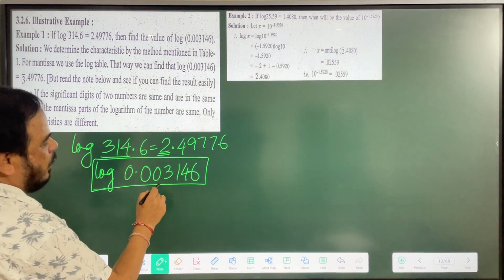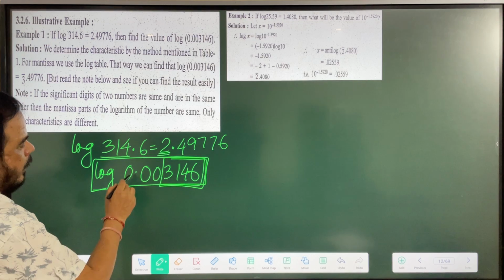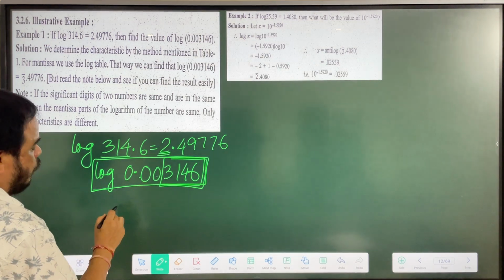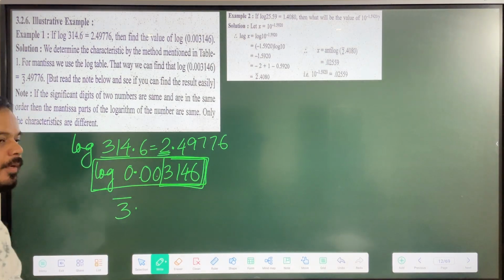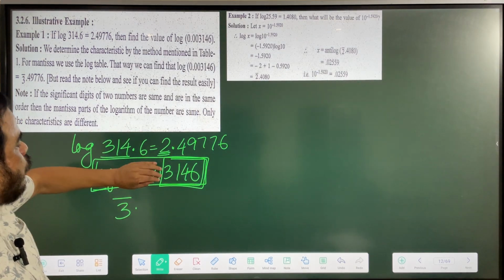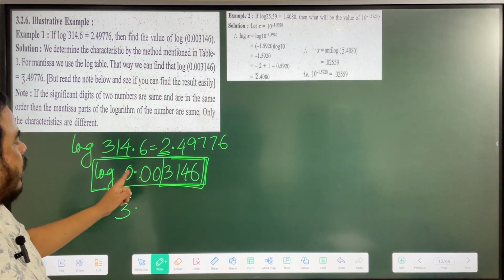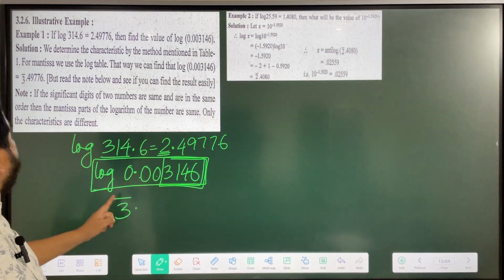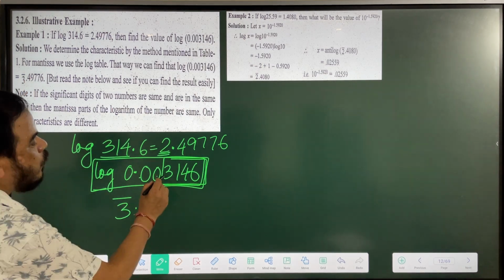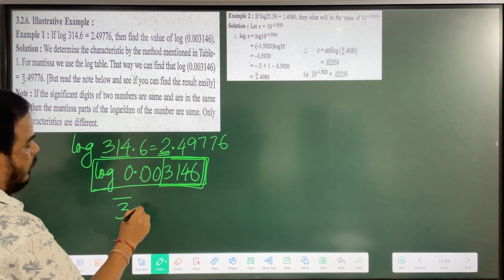Already I explained that 3146 is used for the log table. After the decimal, 2 zeros are there, so the characteristic will be 3 bar. So for 3146, using the log table, we get 0.49776.